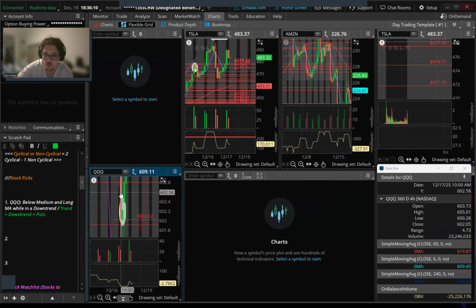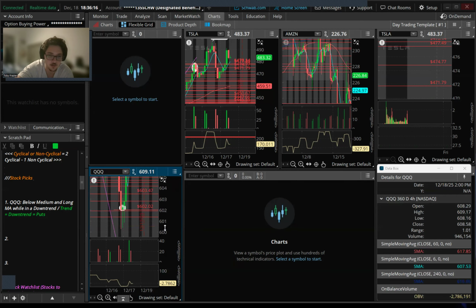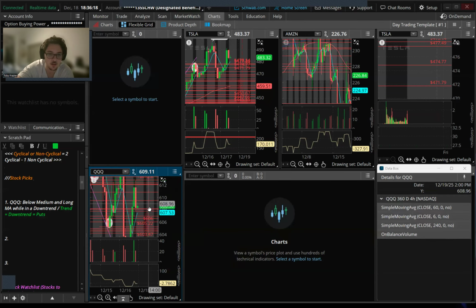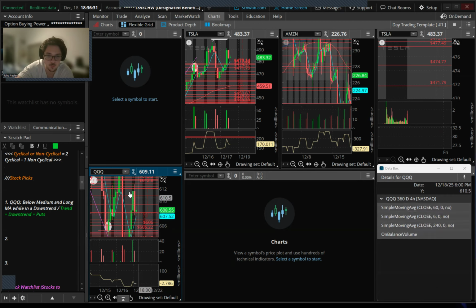Let's see, we got close at 5 cents and open at 2 cents. 2 cents on that level. So that's our swing low. And like I was doing before, a close at 56, and then open at 56, a close at 56, and an open at 56, so no swing high.